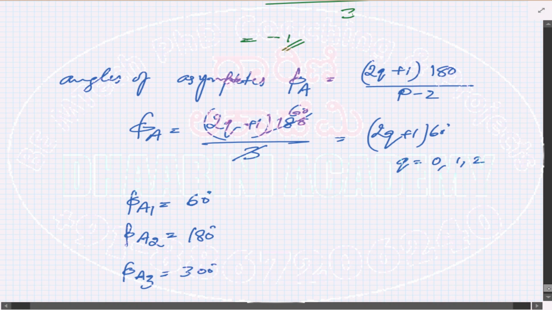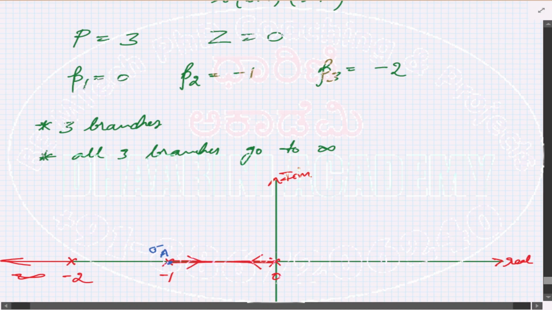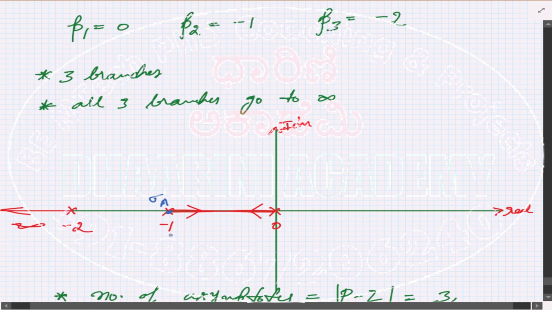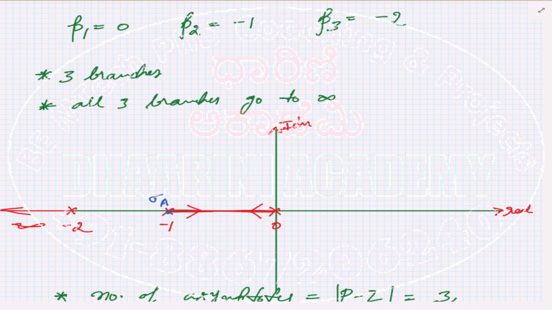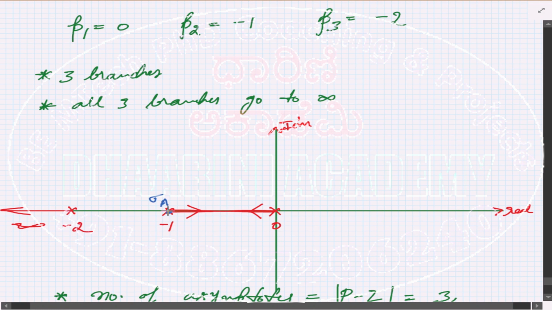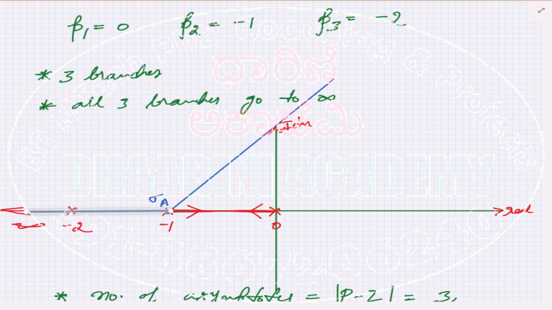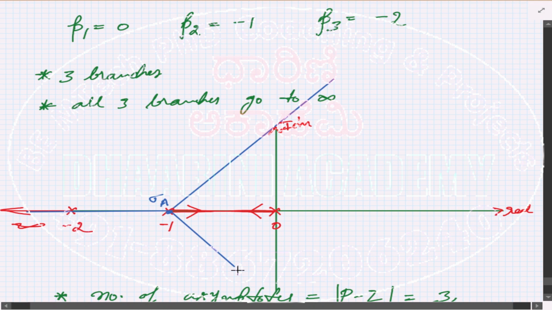So I go back to the graph and we'll plot. From this, making an angle of 60 degrees, you draw one asymptote. Making an angle of 180, draw the second asymptote. And making an angle of 300, draw the third asymptote.